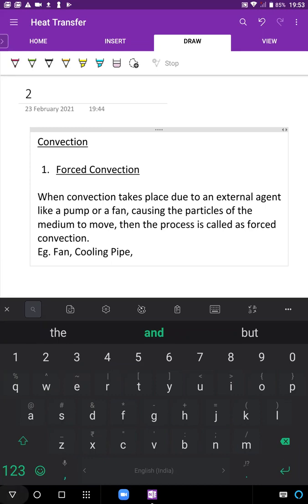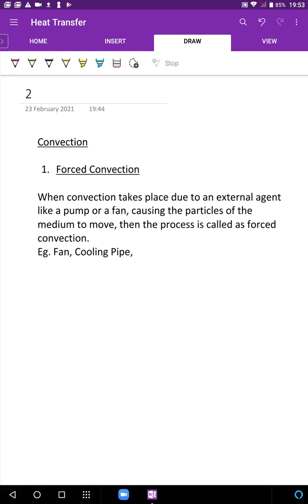So water in a pipe, if let's say this portion of a machinery is hot, because the water has very high specific heat capacity, just some amount of water passing near this machine can absorb a lot of heat from that machine. Little water can take up a lot of heat.